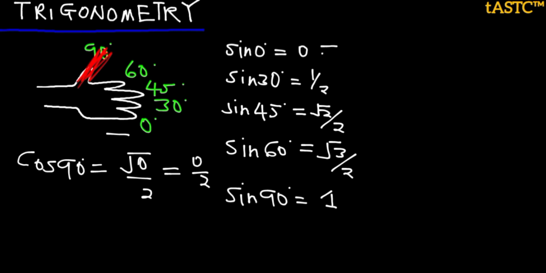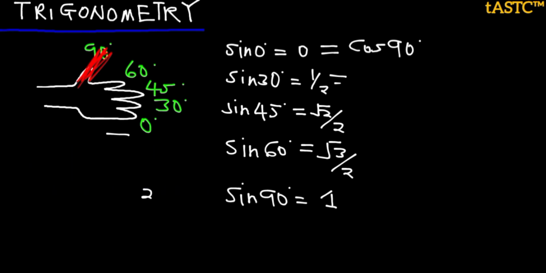Now you can notice from here that sine 0 is equal to cos 90 degrees. So I'm just going to write that there. This is going to be cos 90 degrees. Now let us try to work cos 60 degrees. If I cancel this finger, I'm clearly going to see that I have one finger above 60 degrees.